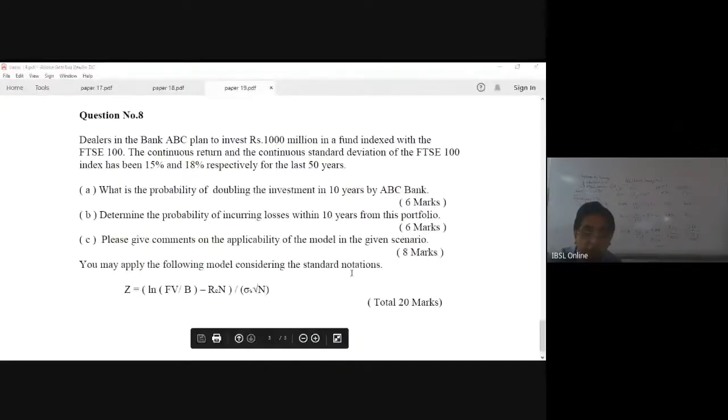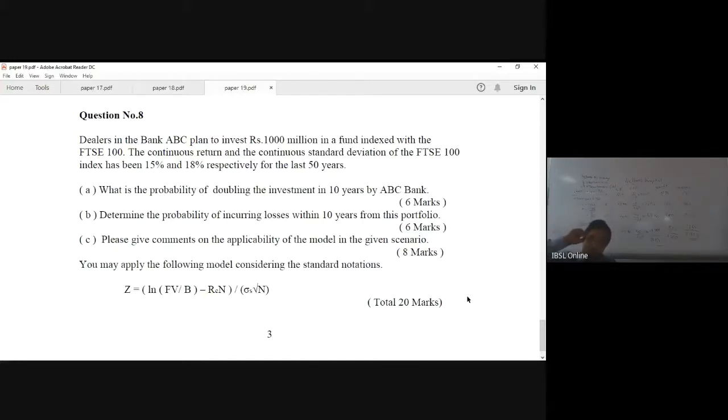Next is to determine the probability of incurring losses within 10 years from this portfolio. Incurring losses. Now in order to do that, what are we going to do? Incurring losses means the point at which the future value becomes the same as the beginning value.